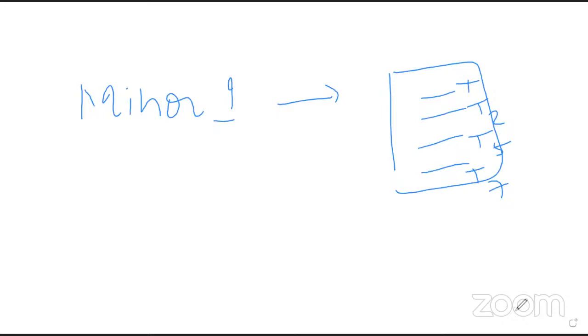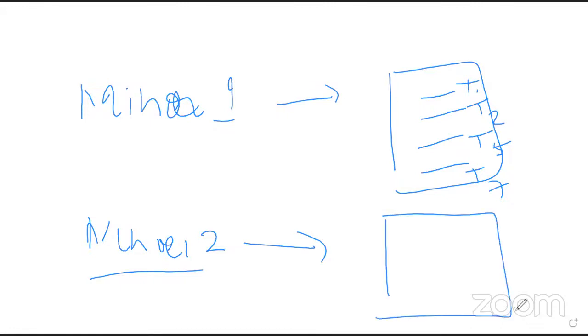right? Another miner, almost at the same time, is also coming up with another block where it has T1, T2, T3, T4, maybe, right?